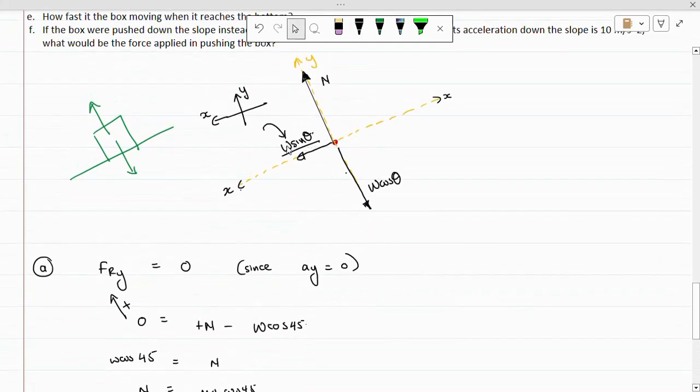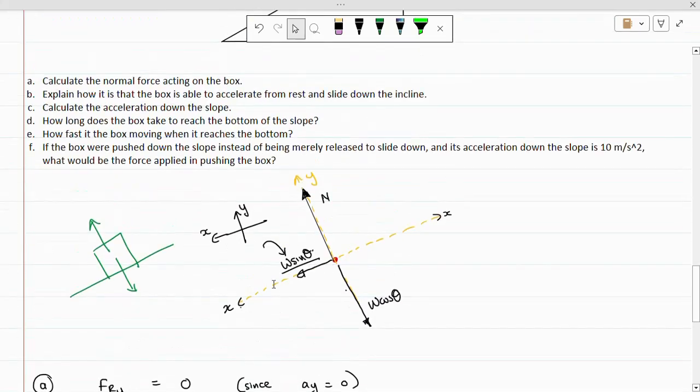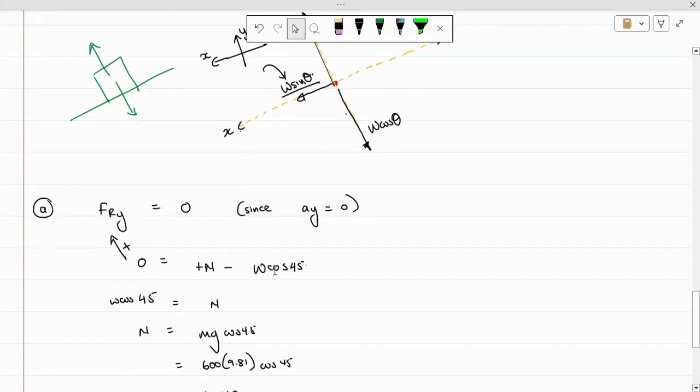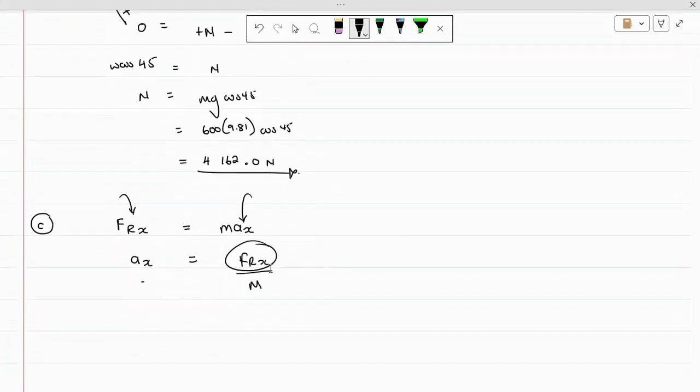So what is that resultant force in the x direction? It is going to be W sine theta, because there are no other forces opposing this one, so we don't need to do any calculation beyond that. That's W, which is mg, multiplied by sine 45. This is your resultant force, and you divide this by mass. If you want to cancel those masses, that's perfectly fine. This is going to be g sine 45, if you want to be fancy, or you could have just put it into a calculator directly.